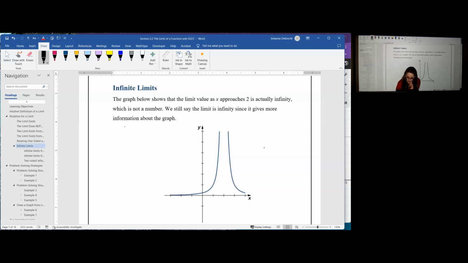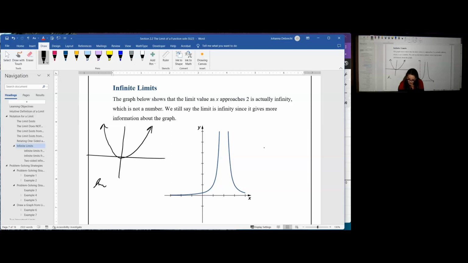Now, what I mean by end behavior is, let me sketch a graph for you right here. I have a parabola. If I look at the y values as x goes towards the right forever, the y values go up forever.